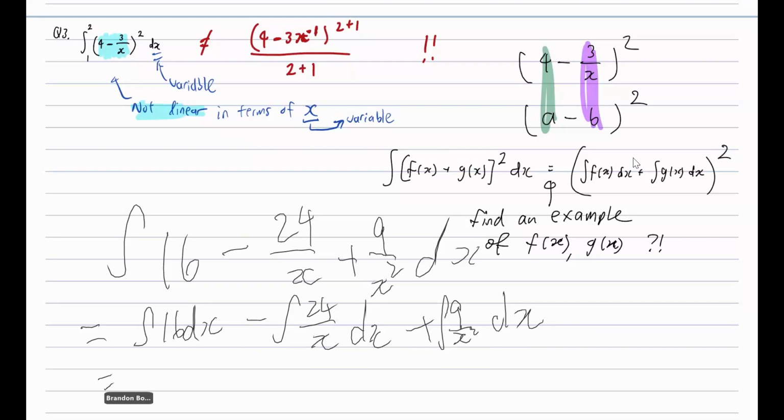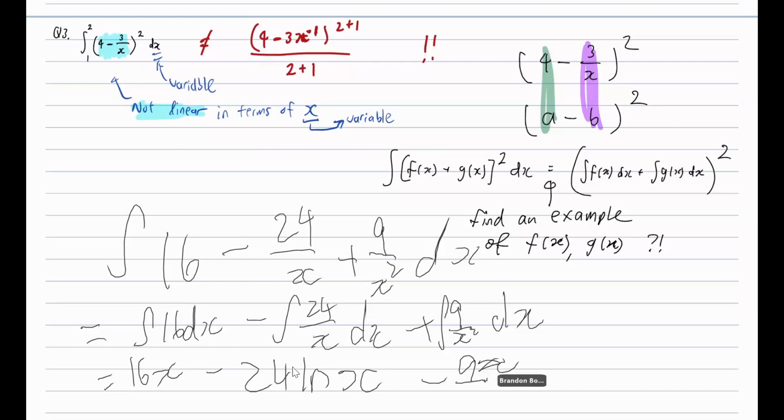This one is 16. Then the x power minus 1 is just 24 ln x. Good. Then this one: bring up x power negative 2, plus 1 gives x power negative 1, then divide by negative 1.